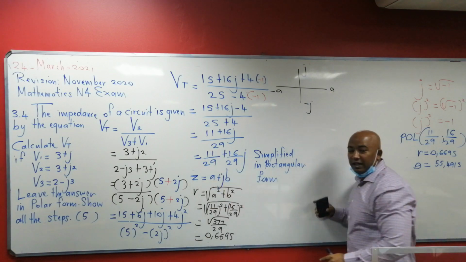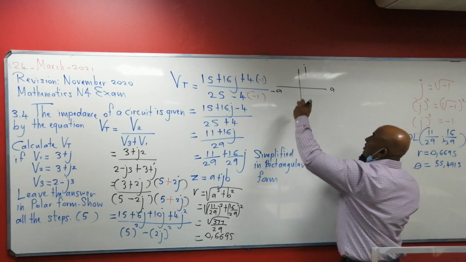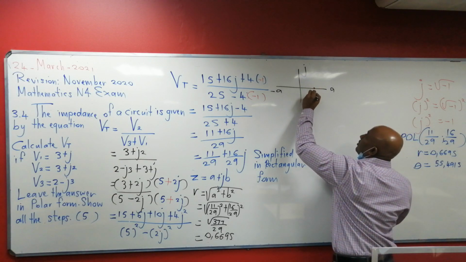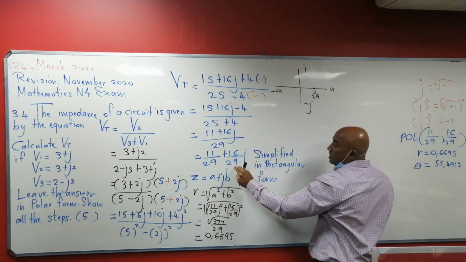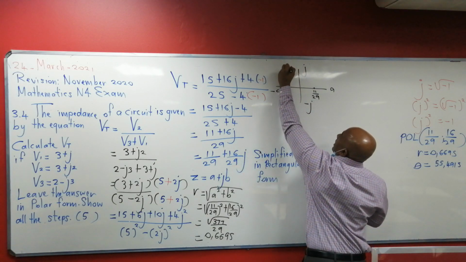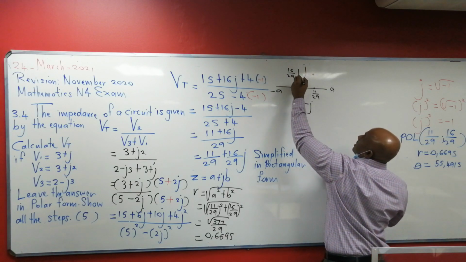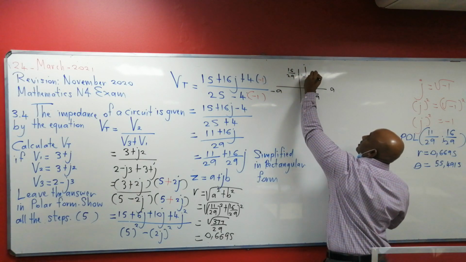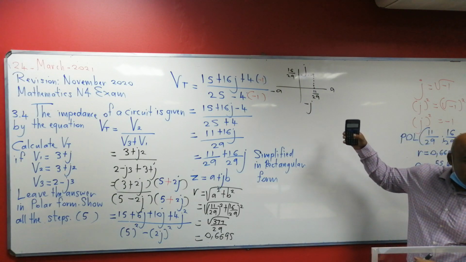It's 11 over 29. The fact is, it is a positive number. Okay, so your A value, 11 over 29, is a positive number. 16 over 29, the imaginary value, is also a positive number. So the coordinates, there's your 11 over 29 and 16 over 29 in rectangular form.